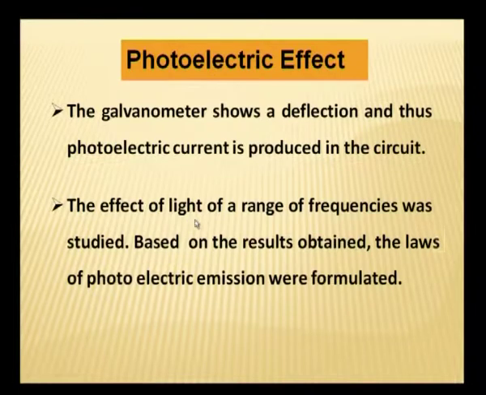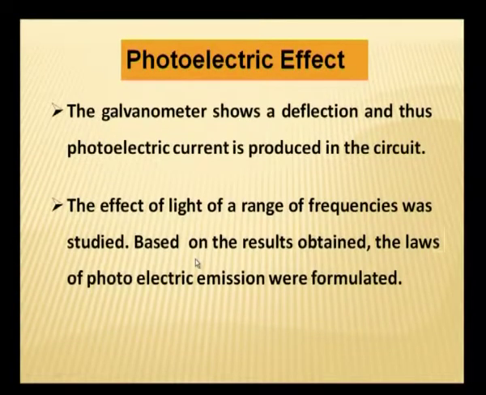The effect of light of a range of frequencies was studied. In order to understand this phenomenon, you make use of radiation of all possible wavelengths or frequencies, as I will be showing, and you ask the question whether all radiations will be able to eject electrons.